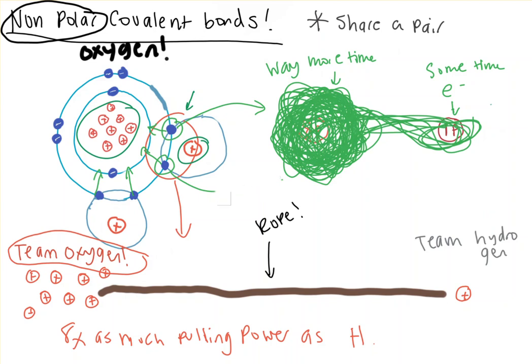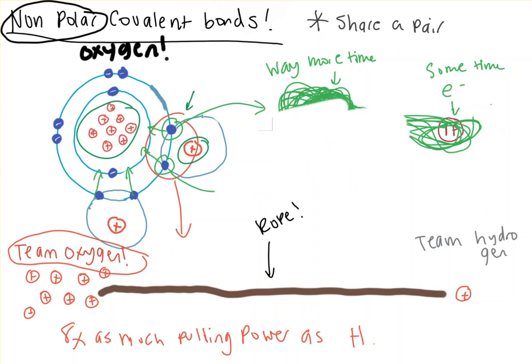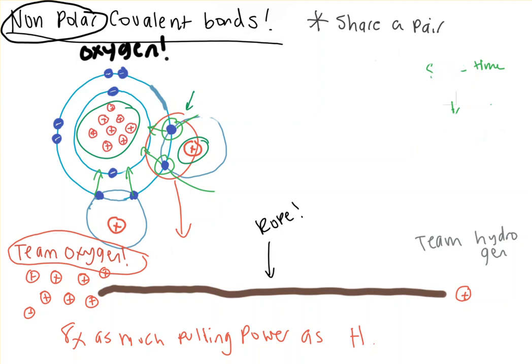So let's erase that and draw it in the form of electron clouds. All right, and I'm going back to my paintbrush, and let's get a different color.